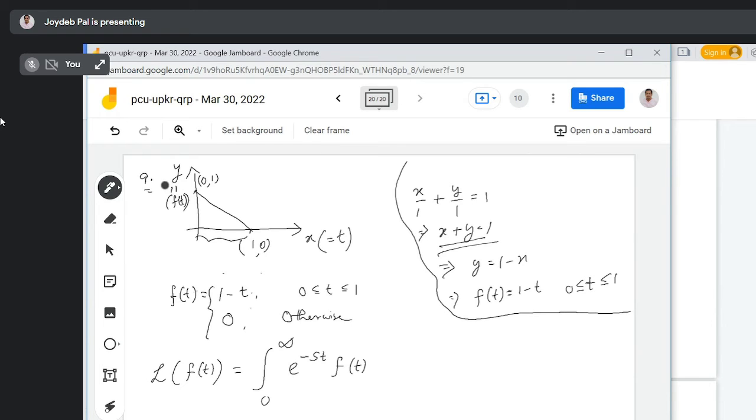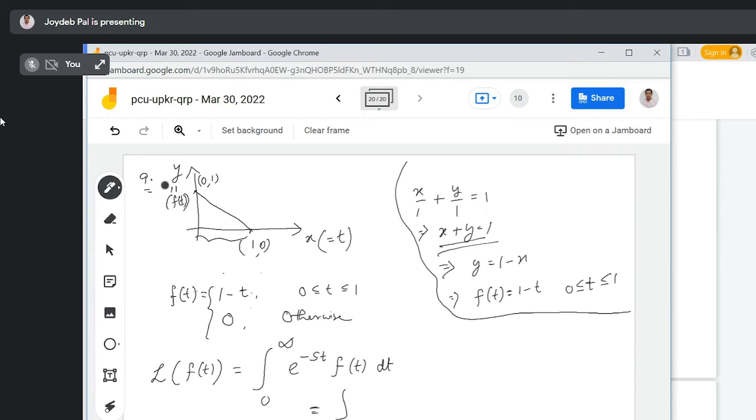This. Now I can split that integration into the sum of two integrations, 0 to 1 and 1 to infinity, because the function is a piecewise function. Accordingly, I have to break this integration.